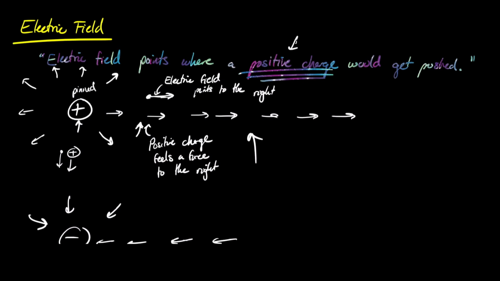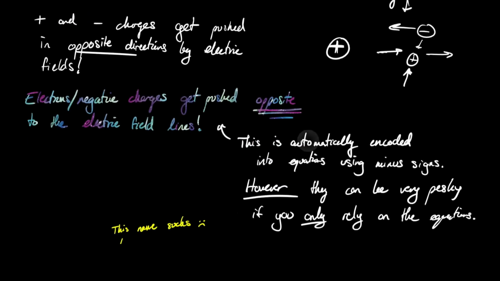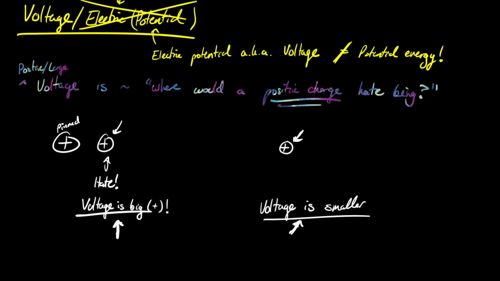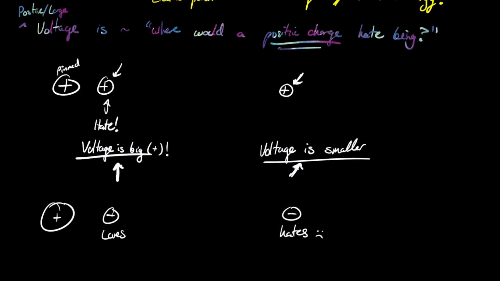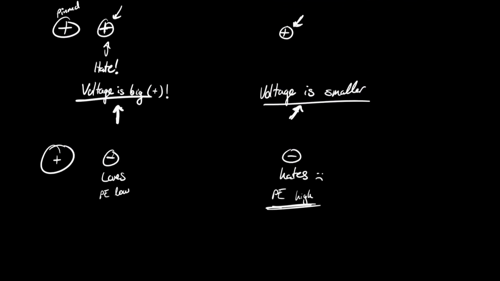We just pop in a positive charge, see what happens, and say, that's the electric field. Here, same deal. We're just going to pop in a positive test charge, record where it loves and hates being, and then that is the answer for what the voltage is. Now, of course, wherever the proton test charge hates being, the electron test charge loves being.